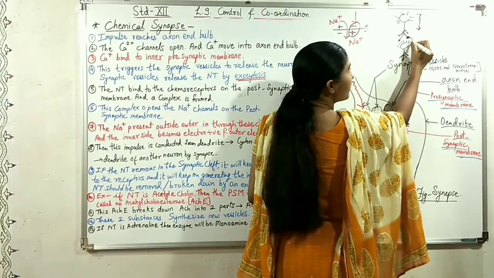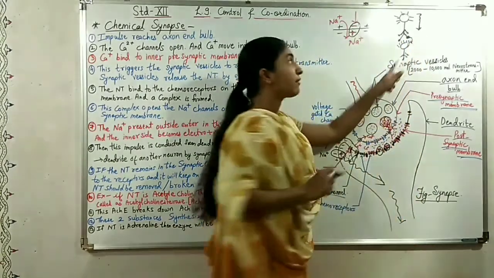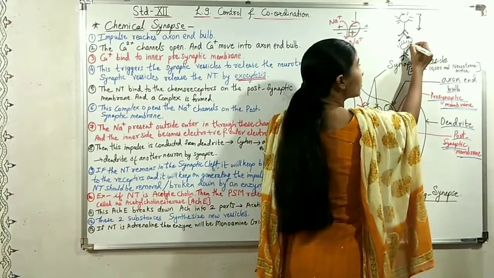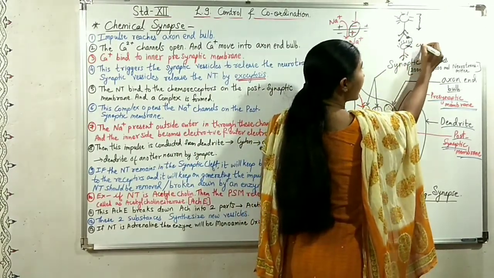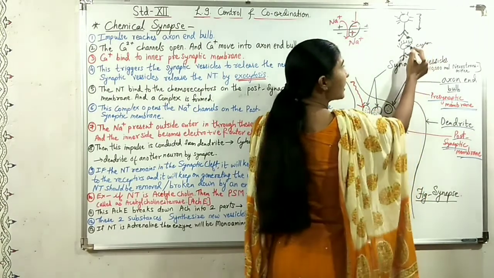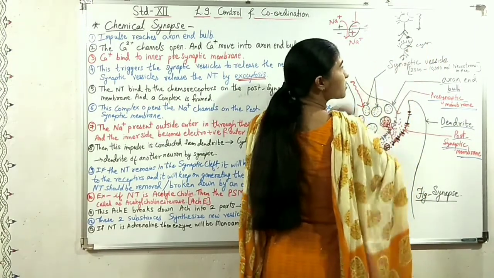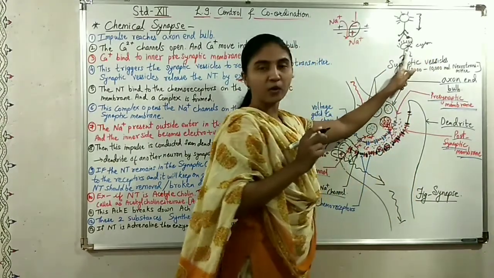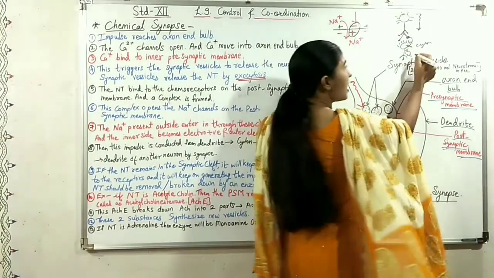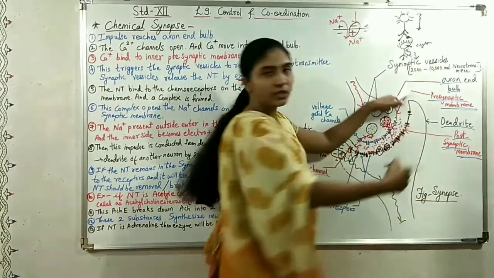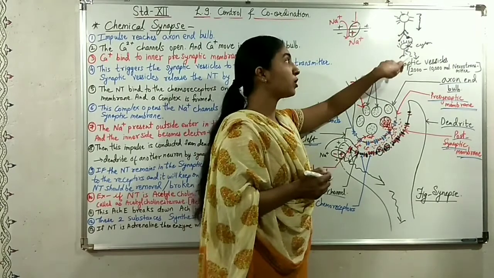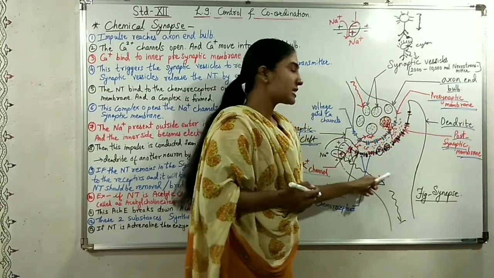From the axon end bulb it will be transmitted to the dendrites of another neuron, and from there to the cyton, this cell body. From the cyton it will be transmitted to the axon, from the axon to the axon terminals, and from the axon end bulb again to another neuron. So in this way the impulse is traveling from one neuron to another neuron through the synapse.